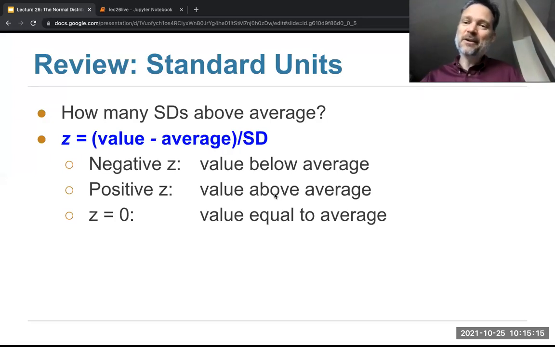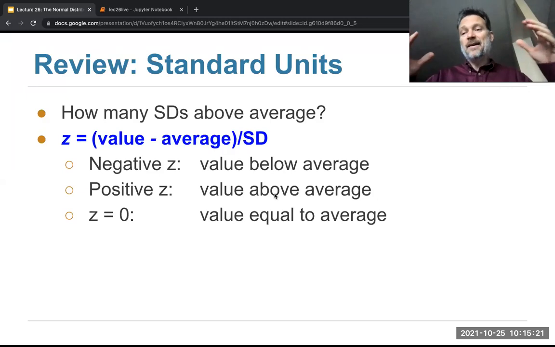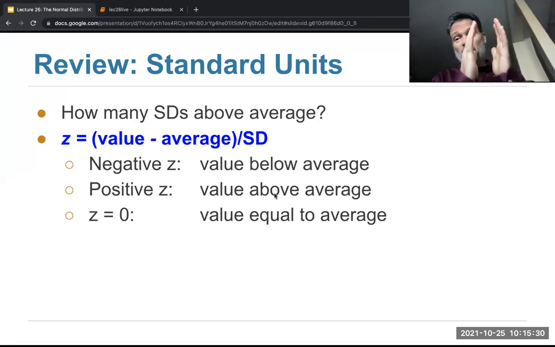Positive means you're doing better than the average. Negative means you're doing worse than the average. And this is scaled in a way so that you can interpret how much better than the average you're doing. Because sometimes you might have an exam where the average is 70 and there's very little variability around 70. Most people got between 65 to 75. Those would have a small standard deviation.